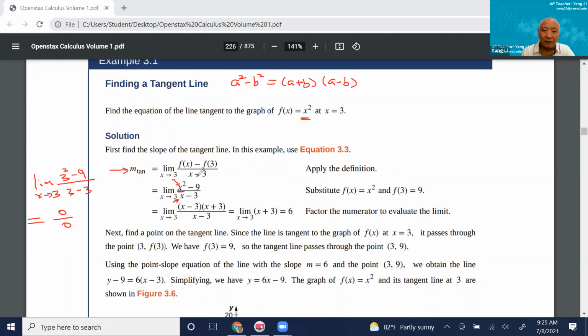So here, if you use this one, you can have what? x squared, this is 9, right? Minus 3 squared. You're going to equal what? x plus 3 and x minus 3. This formula is called the difference of squares, right? That's what we learned before.